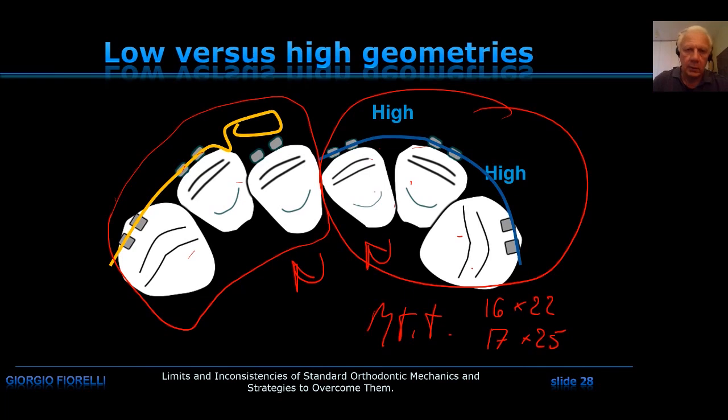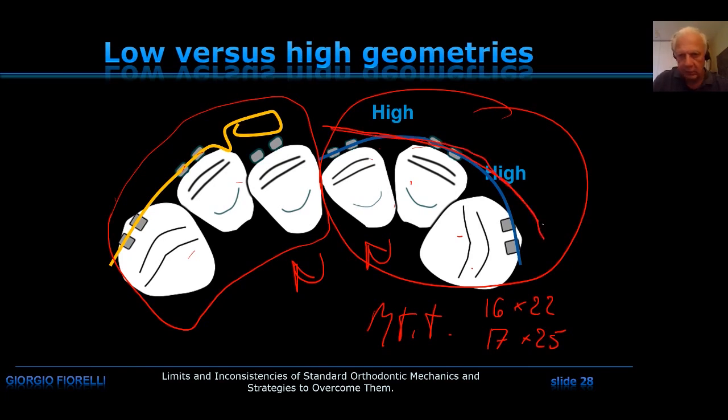Probably we don't have the time to do this today, but you can bend this wire and you will learn that it's possible to modify the geometries so that you get exactly the movement that you need.